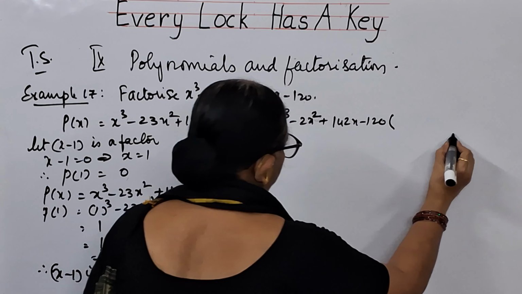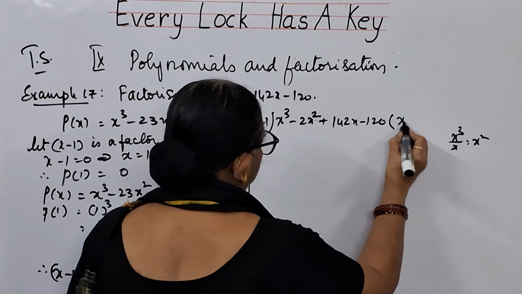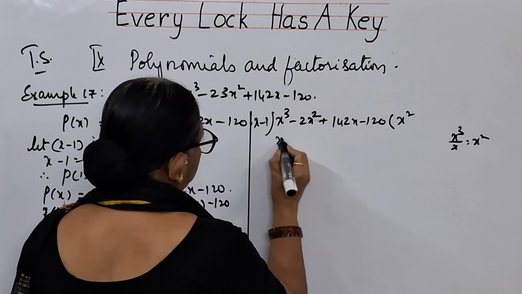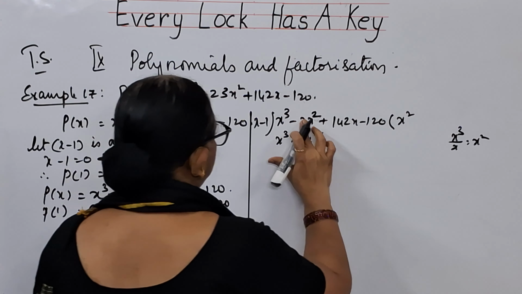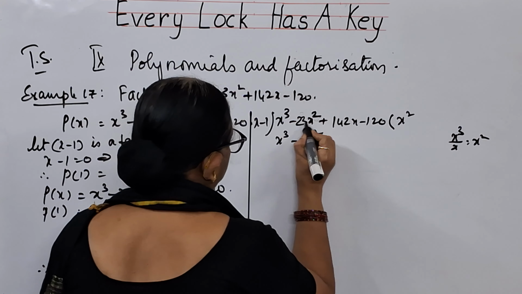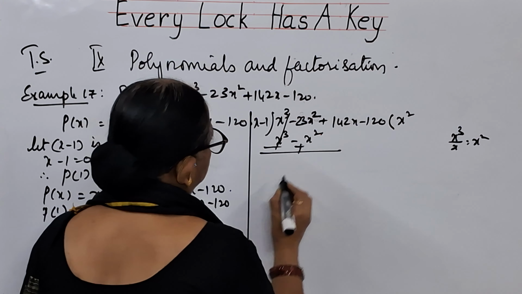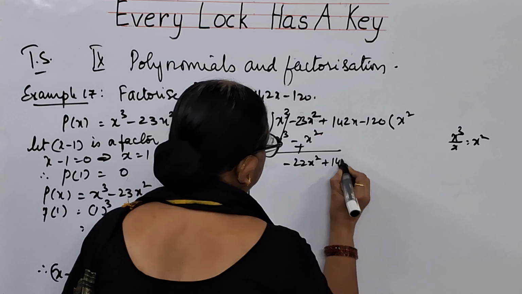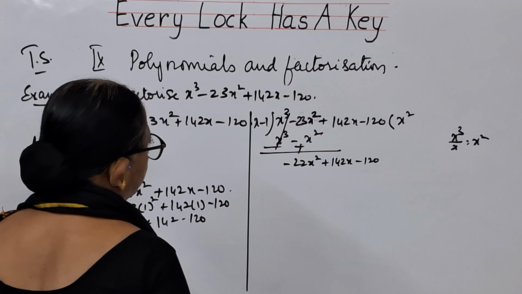So, when you divide x cube by x, you are getting x square. Take x square into x cube minus x square. So, this is 23x square, so signs will change. Minus 22x square plus 142x minus 120 we will be getting.